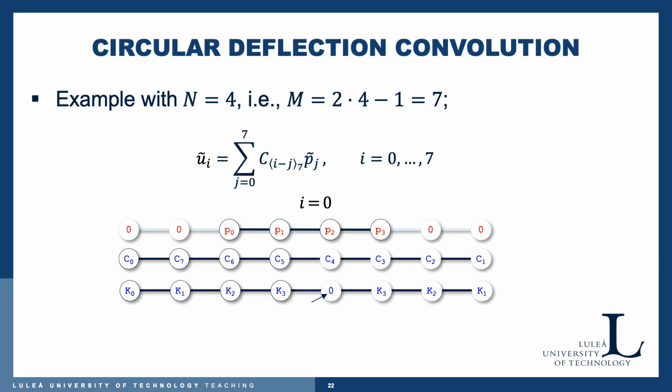Now let's have this concrete example with n equal 4, so m is 7, and then the extended deflection in summation form is expressed like this. So now we have the difference between the indices i and j, modulus 7.